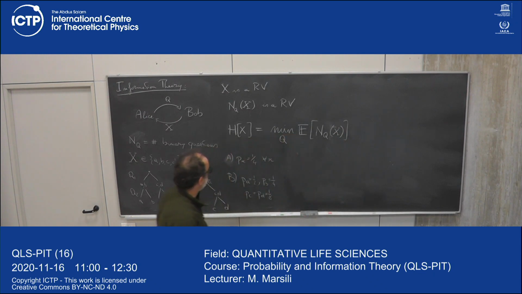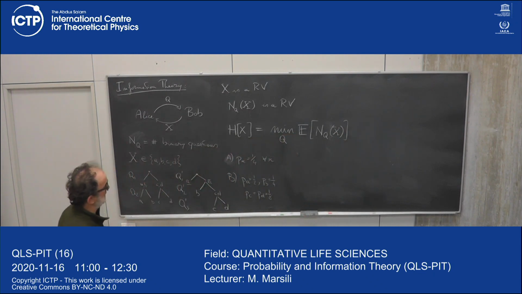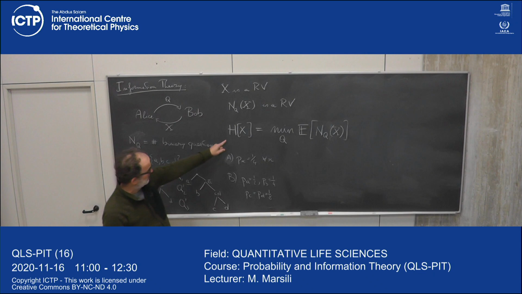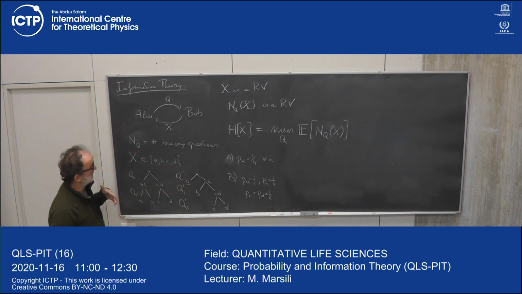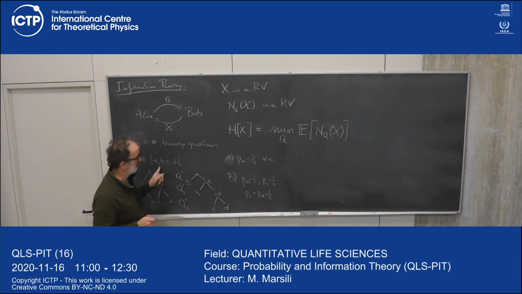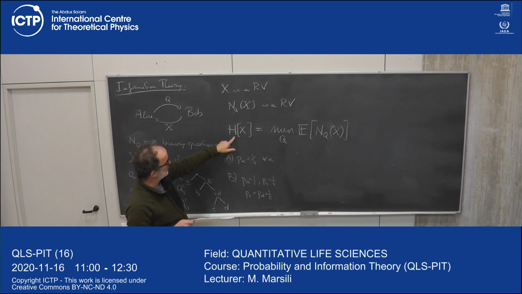Okay? So this is a definition of the information content of the random variable X that essentially summarizes what we have said so far. And I'm using here this square bracket because X is a function, is a random variable, so it's a function from a sample space to the reals, or to this set here in particular. And so H is a function of a function that is called functional. Okay?